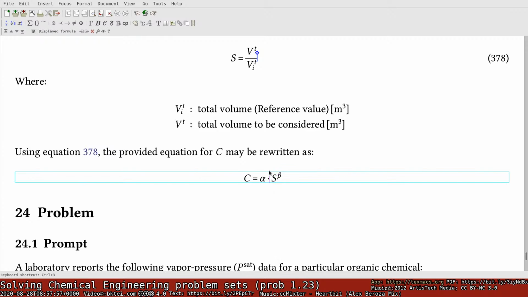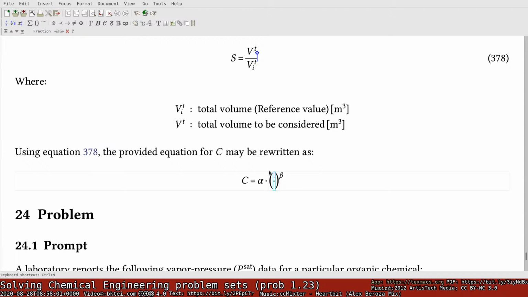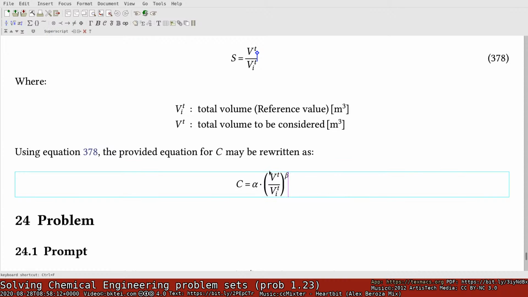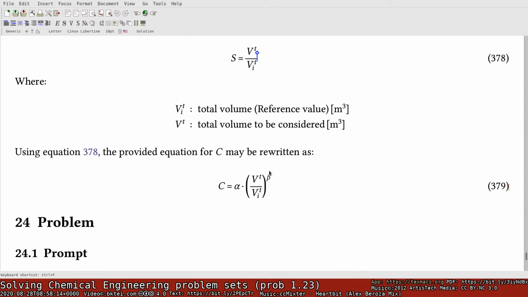And then substitute in S a ratio of what we were talking about. Select that. Okay. Give it a number. And then we're going to go ahead and define the new units.